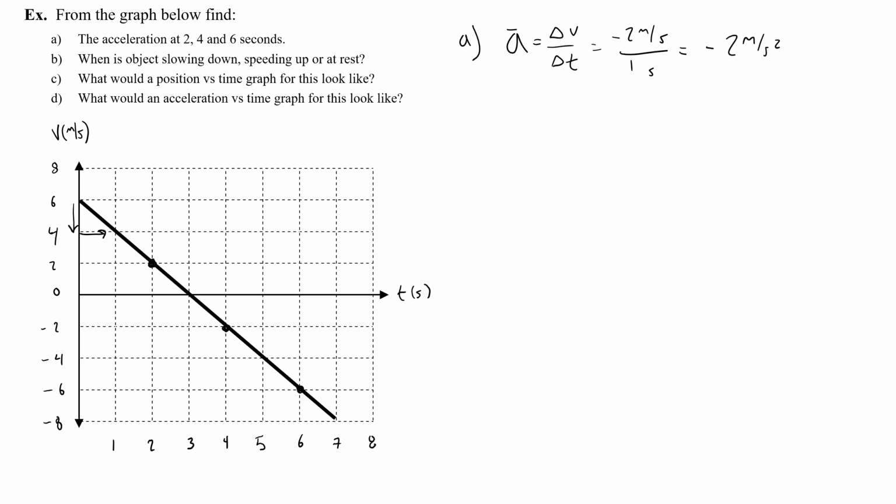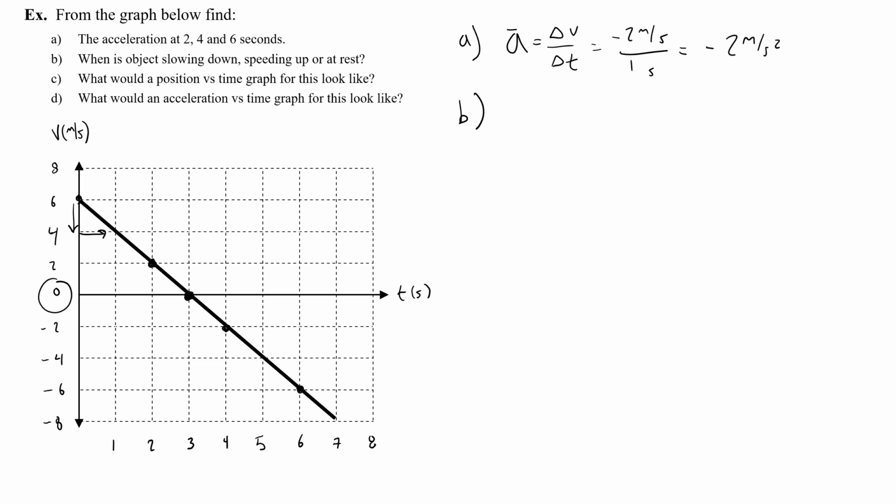B, when is the object slowing down, speeding up, or at rest? All right, so this one's kind of tricky. Basically, what I'm asking is when do the values of the velocities begin to get closer and closer to 0? Because 0 is where the object is stopped. That would be at 3 seconds.